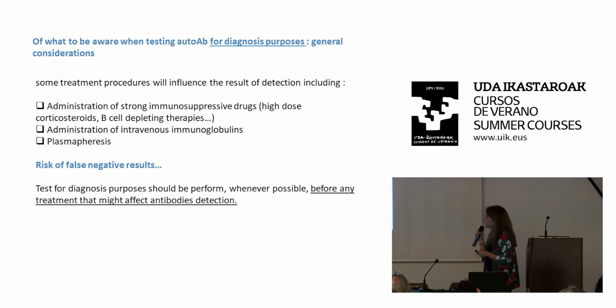Those treatments include administration of strong immunosuppressive drugs like high-dose corticosteroids, B-cell depleting therapies, for example. The administration of intravenous immunoglobulins, when you order a test after an administration of intravenous immunoglobulins, we can't do the test because maybe it would be negative, but it might be a false negative test.